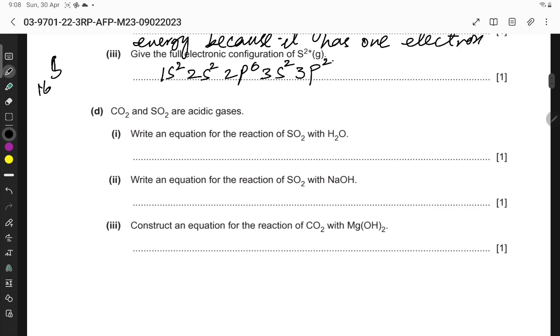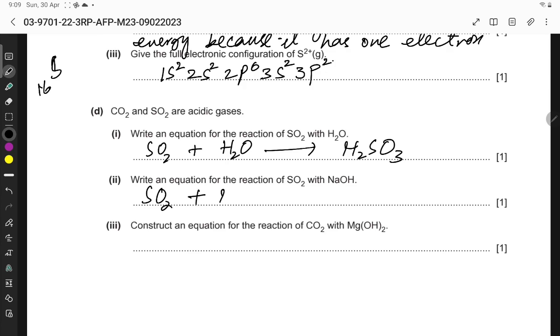Carbon dioxide and sulfur dioxide are acidic oxides. Write an equation for the reaction of sulfur dioxide and water. SO2 plus water forms H2SO3. Write an equation for the reaction of sulfur dioxide with sodium hydroxide.